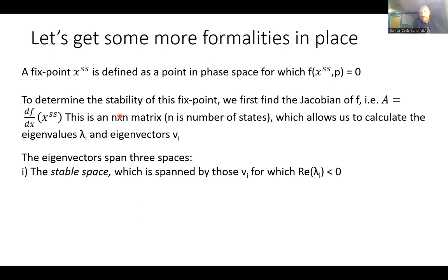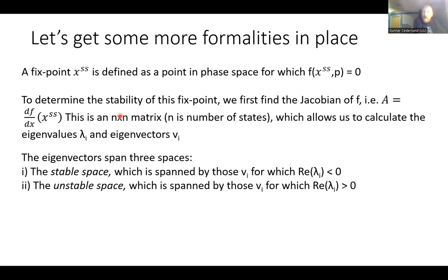So therefore they are called the stable space. They span a plane in the state space, which is contracting. And then you have possibly sometimes some directions that have a positive real part, and that is unstable. So there you will exponentially go away from the fixed point.